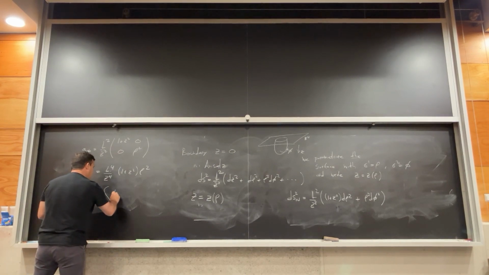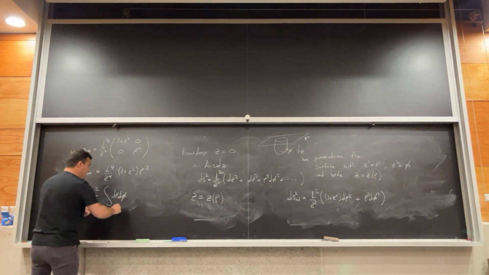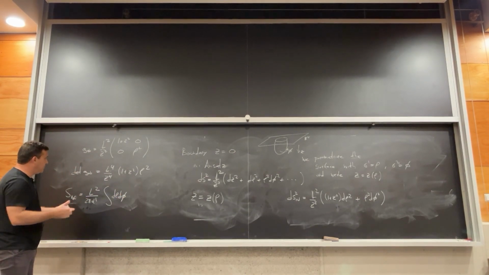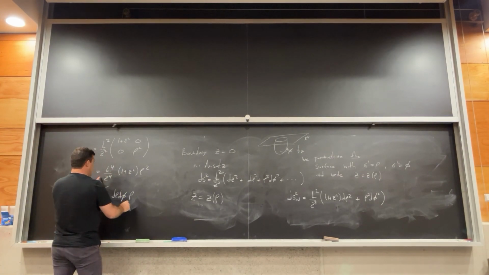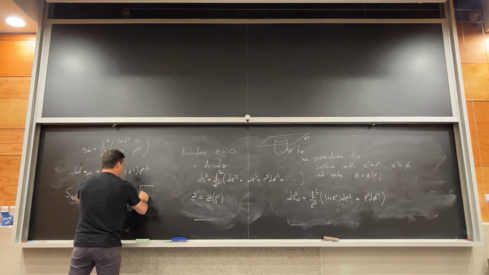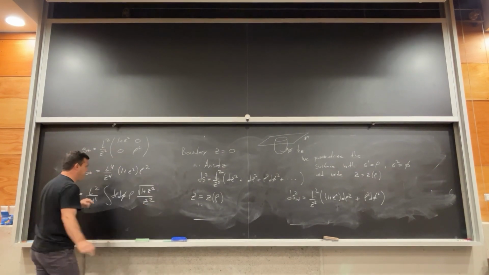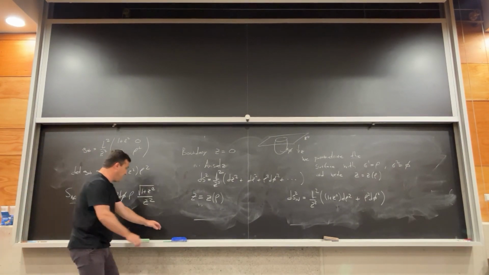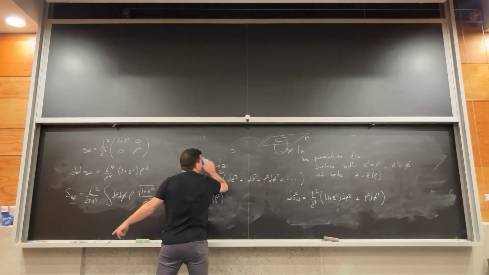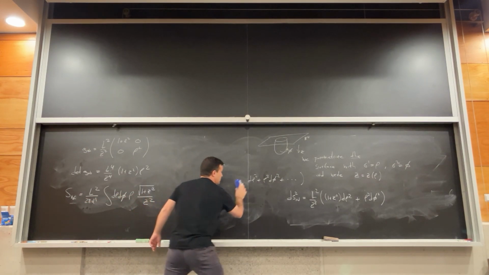Now I get d rho d phi, because I chose my coordinates so that they coincided with rho phi, times rho times square root of 1 plus z prime squared divided by z squared. Right? You tell me if I'm making a mistake, because I'm not looking at my notes at this point.